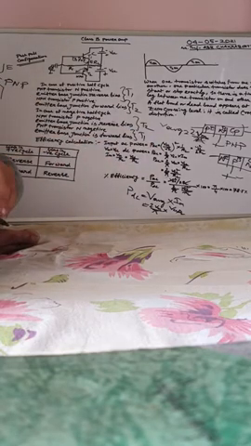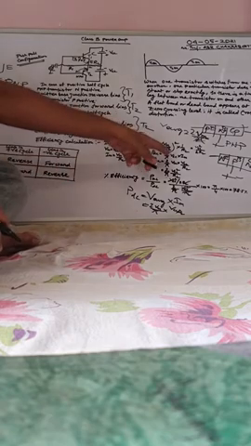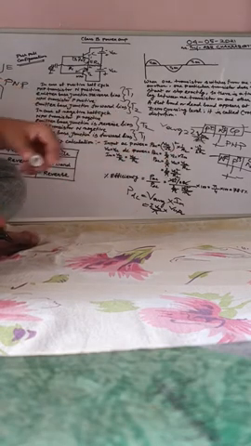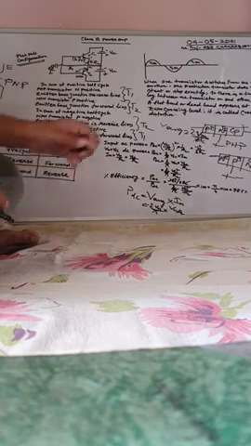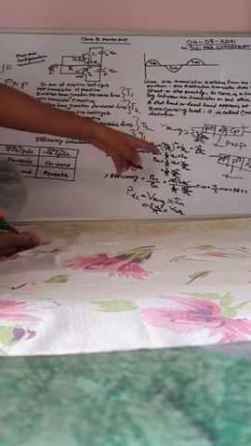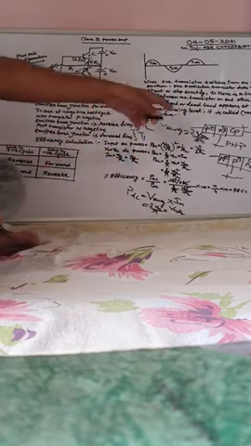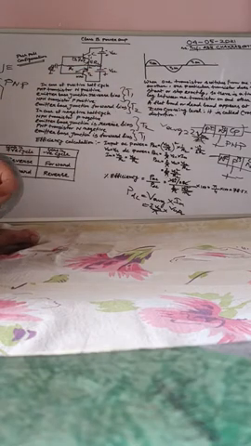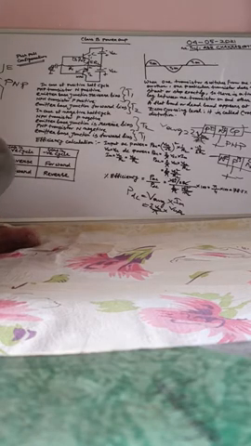So output DC power is the average voltage into maximum current. Average voltage is twice Vm by pi, that means 2 VCC by pi. This output we have obtained from the full wave rectifier DC value output, what we have obtained from our calculation.